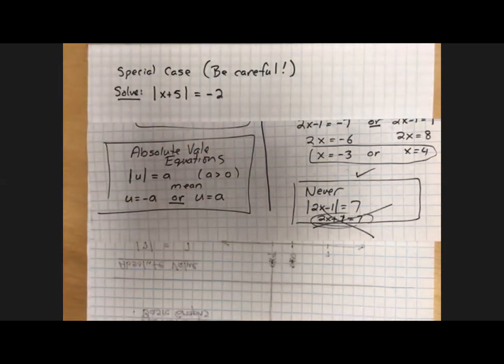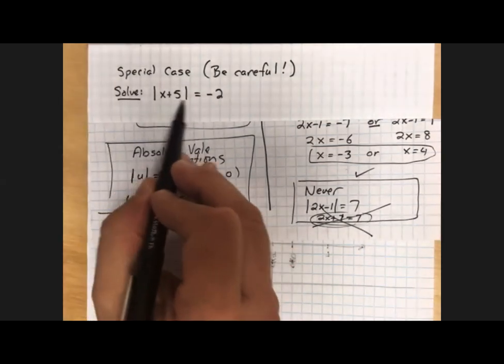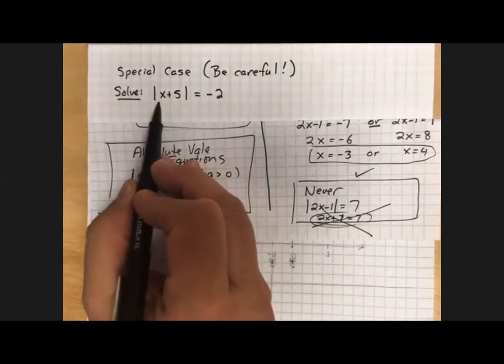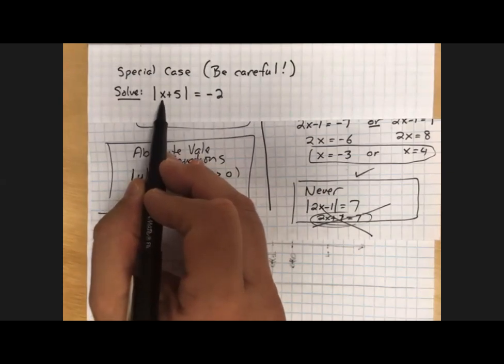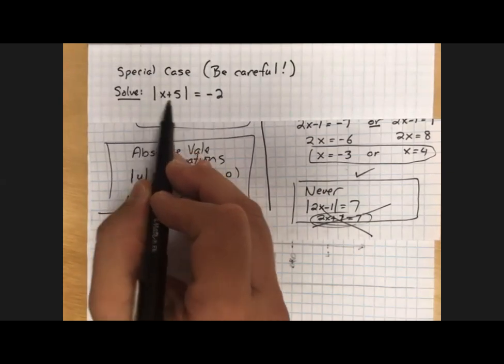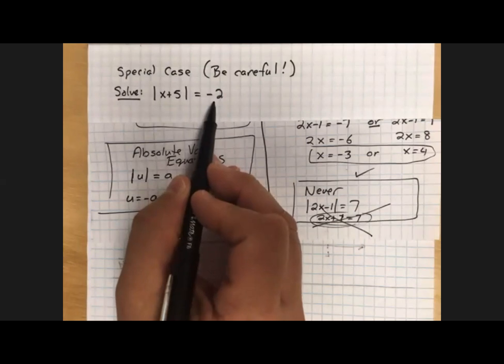And that's why I always want you to think of common sense too, right? And I don't want you to say that the absolute value makes things positive, right? But I don't care what you put in there. After you take the absolute value, is it going to be equal to -2?